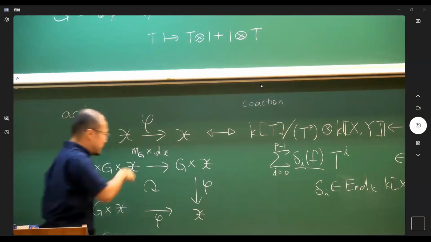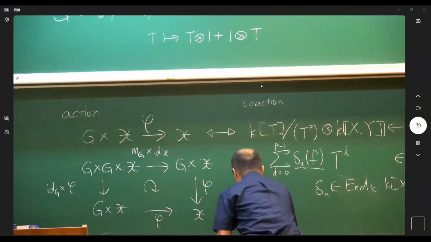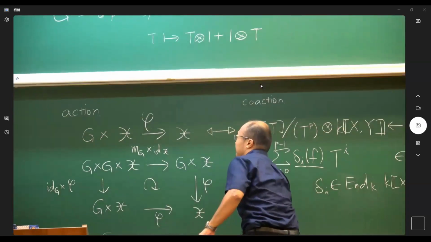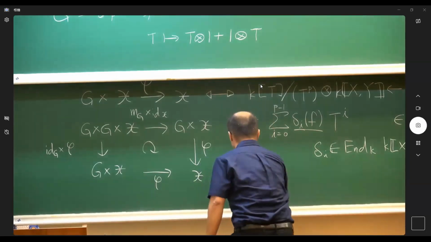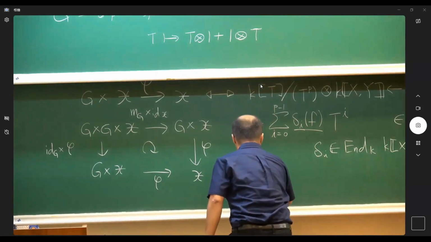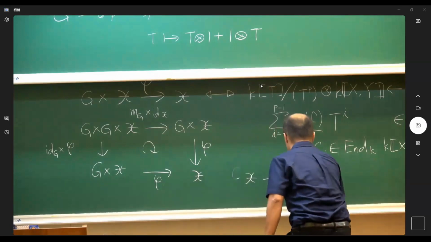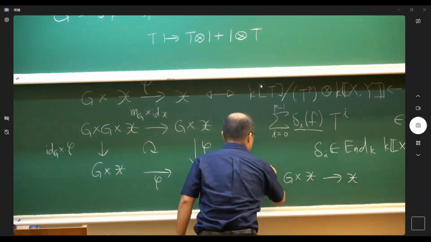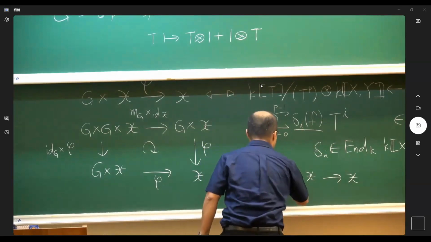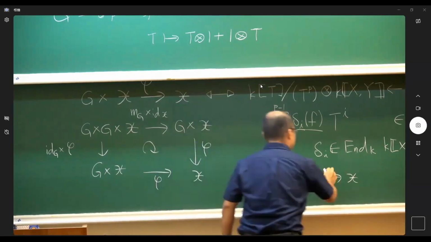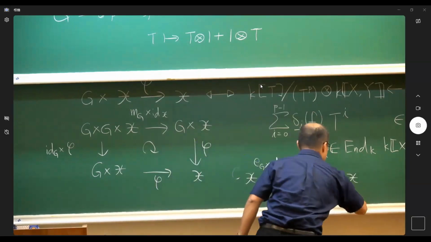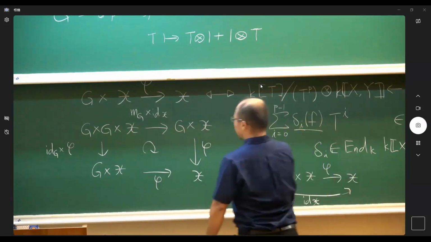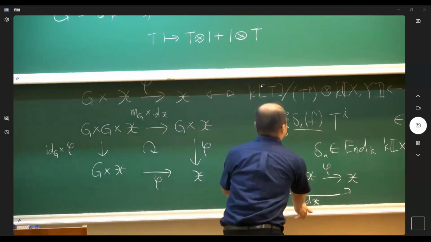And one more condition: the identity element of G and identity of X, action, then this is identity of X. So these two conditions give the following restriction on delta i.